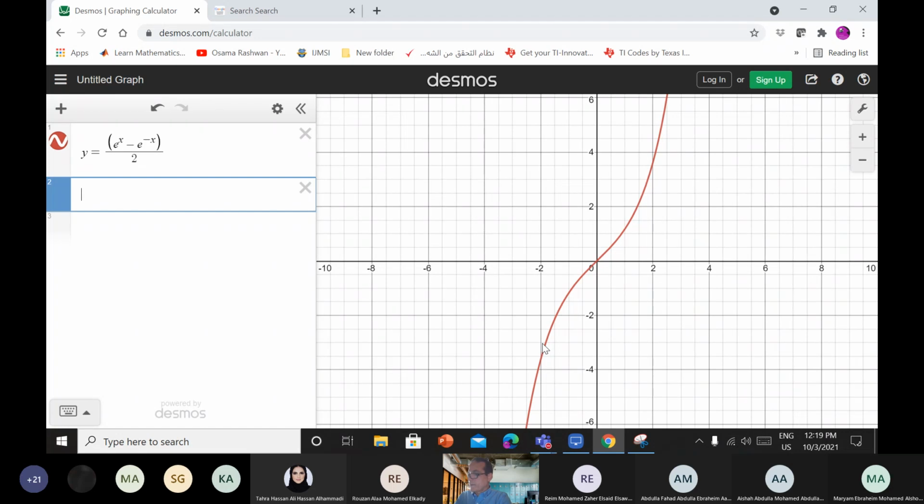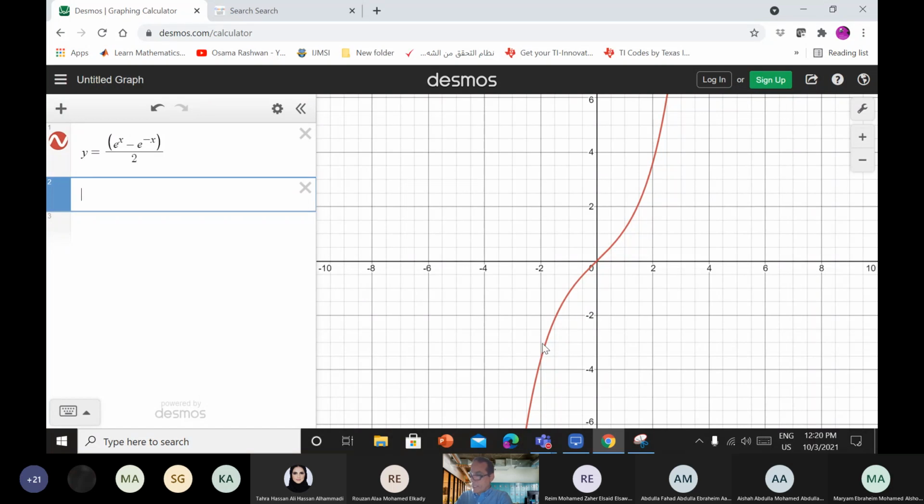Okay. And he said, what if I take something like cosh x? This is e to the x, instead of minus, plus e to the minus x over 2.